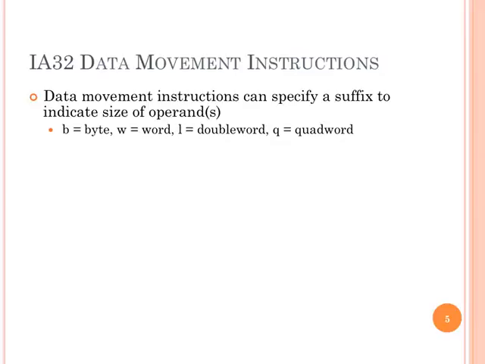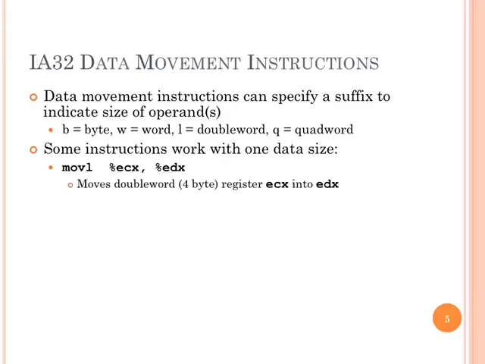And these are the meanings of the various suffixes: B, W, L, and Q. L is the weird one out. L is for double word, and then Q is for quad word. And so you'll have things like this: movl ECX, EDX. Now, do you need to say that I'm moving a double word in this situation?